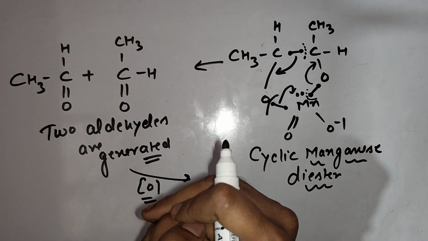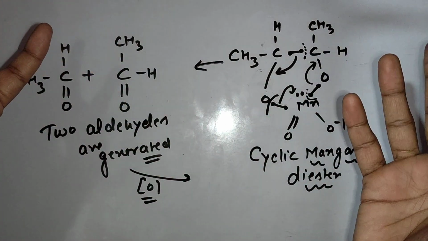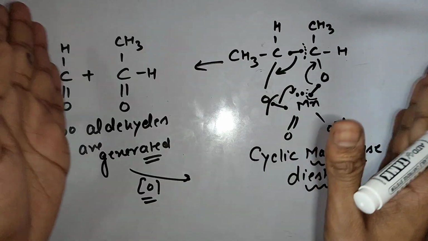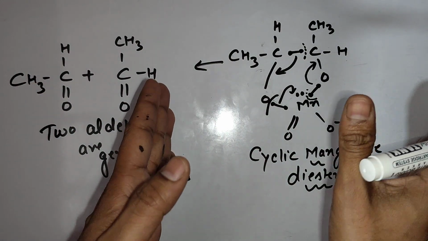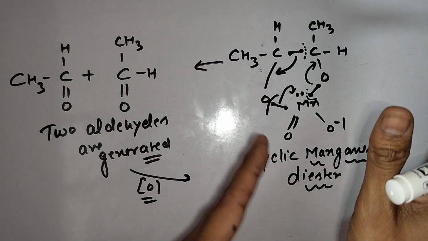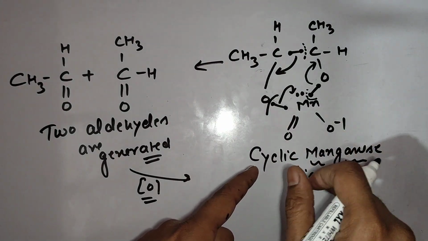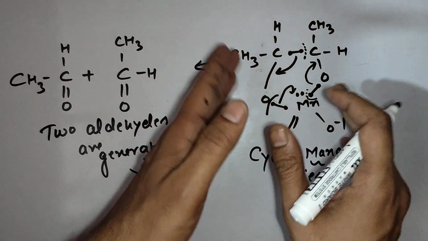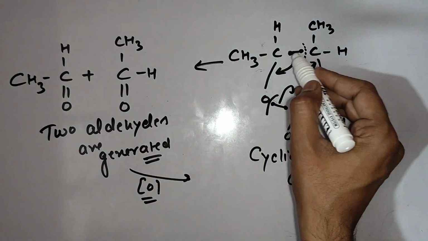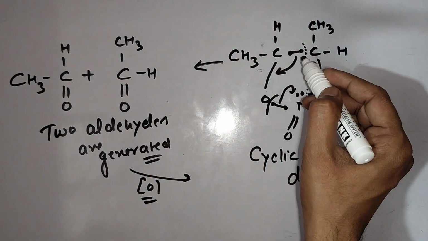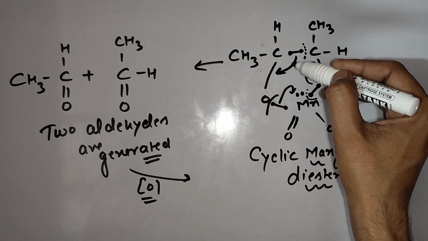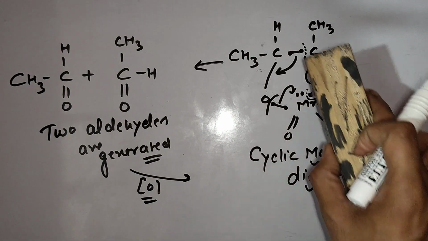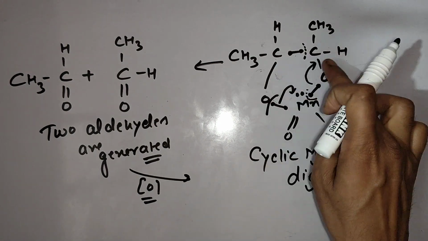In this fashion, 3-degree alcohols get oxidized through KMnO4: first dehydration and then alkene generation, and that alkene is further oxidized through the cyclic manganese diester intermediate, which is crowded and cyclic. That's why the bond between carbons becomes weak. And note down, it is not necessary that you break the bond in this fashion. It's your choice. You can break it in this fashion, or you can break it like that also.